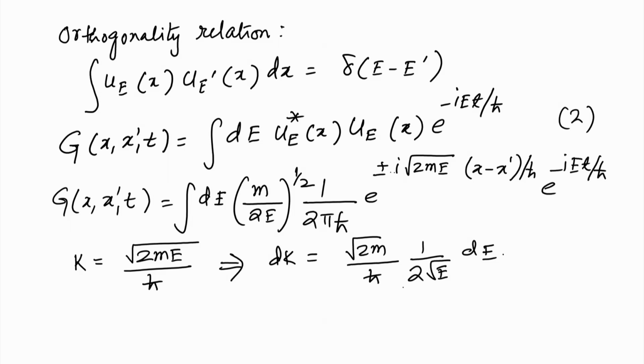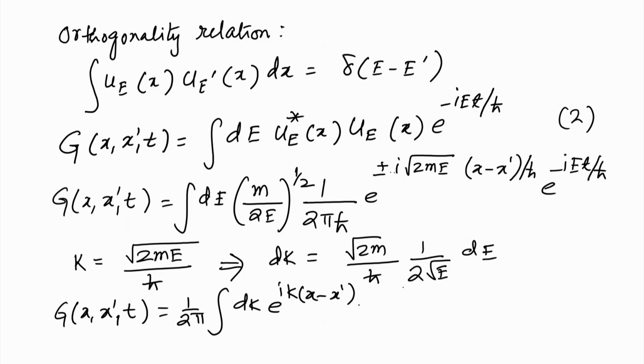Following that, I can write g of x, x prime, t equal to the integral of 1 over 2 pi d k exponential i k x minus x prime, exponential minus i h cross k square t by 2 m, and I have to evaluate this integral.